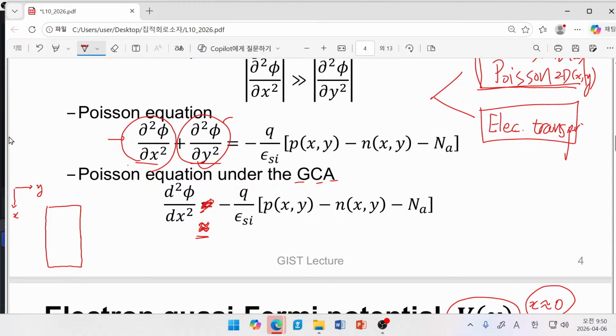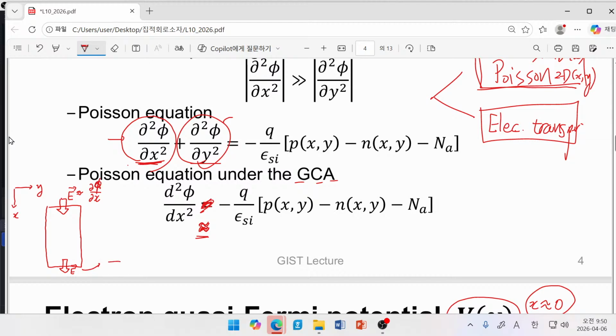The first term, the second derivative in the vertical direction, simply means that there will be a certain electric field, and also there will be a certain electric field, because this one is related to the x-directional derivative of our electrostatic potential.